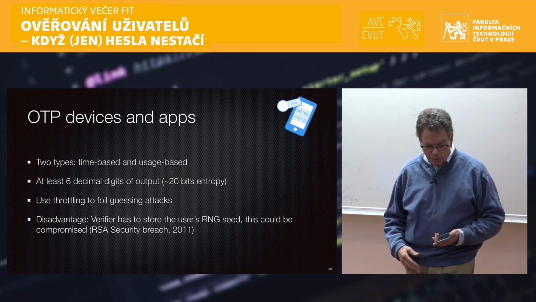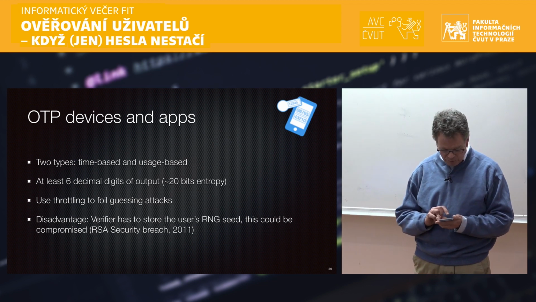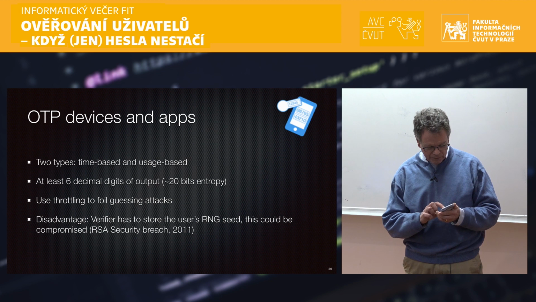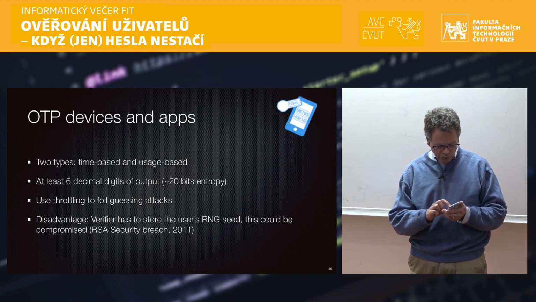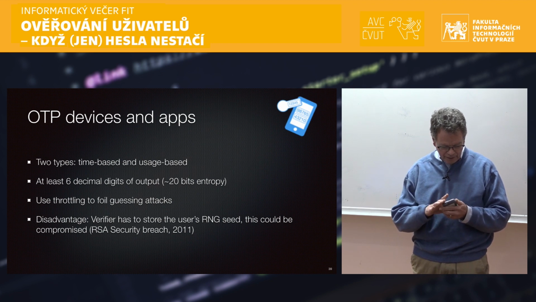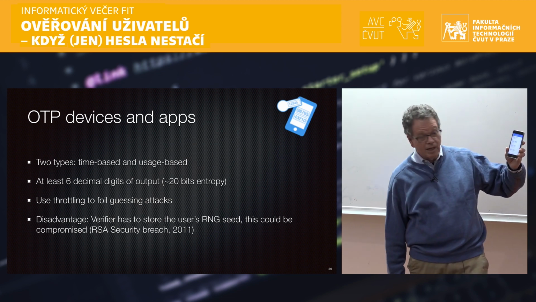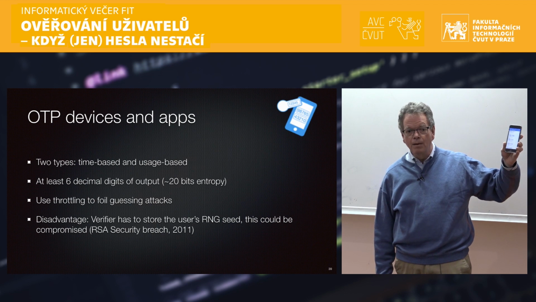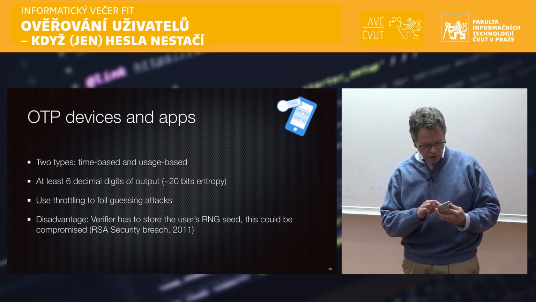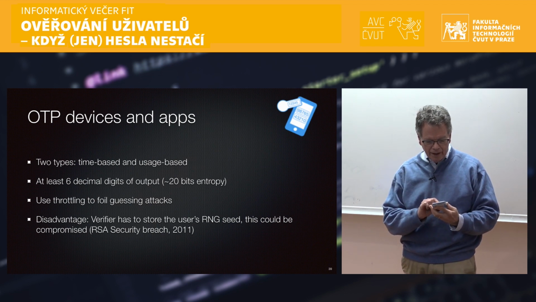There are one-time password devices and one-time password apps. You've probably seen or may have seen things like Google Authenticator and Microsoft Authenticator that will display a bunch of changing one-time passwords for you. They change every 30 seconds or something like that.